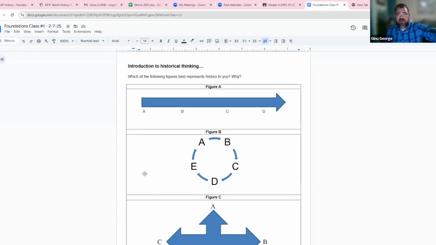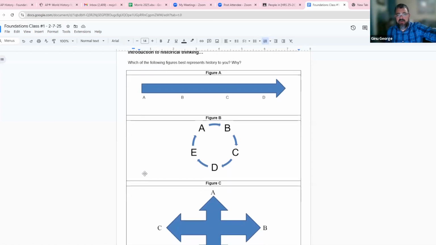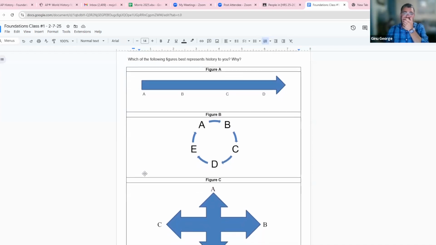I'm going to do a little introduction here to historical thinking. So what I'm going to ask you to do is take a look at these three images that we have in front of you. The first thing I want to say is there is no right or wrong answer here. Not interested in right and wrong for this one. Figure A shows us an arrow with A, B, C, D. Does that best represent history in your mind?